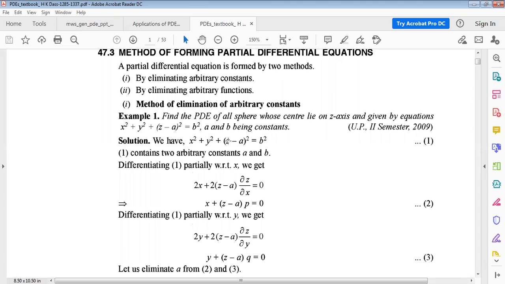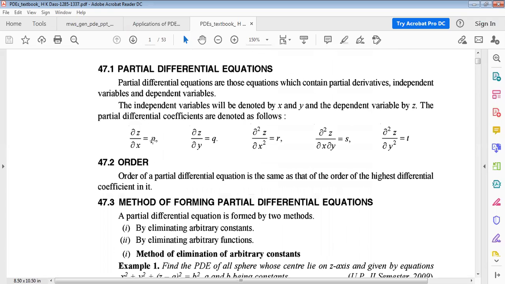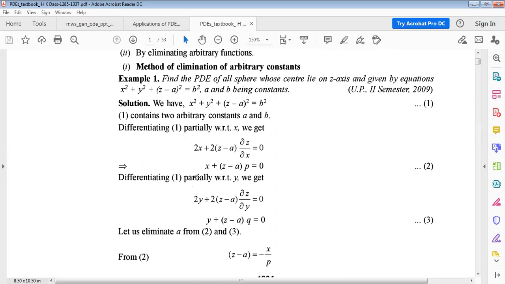Then the partial differentiation of z with respect to x, and b square will be 0. So del z del x we denote with p.